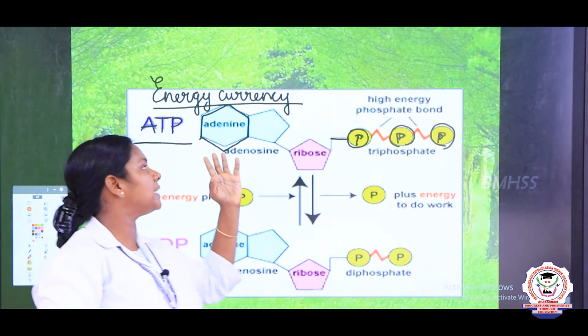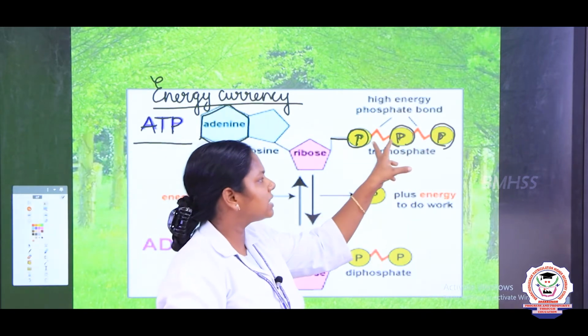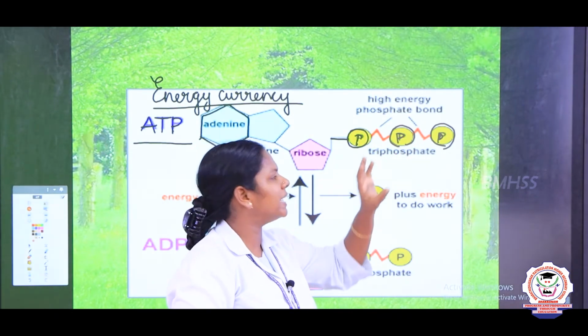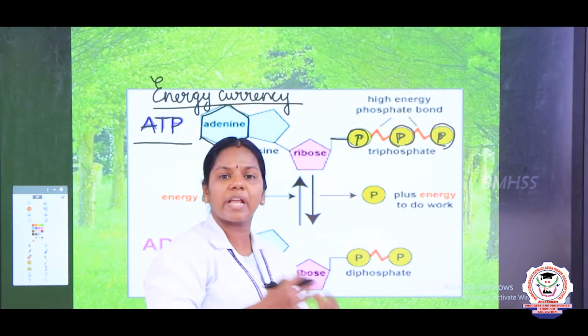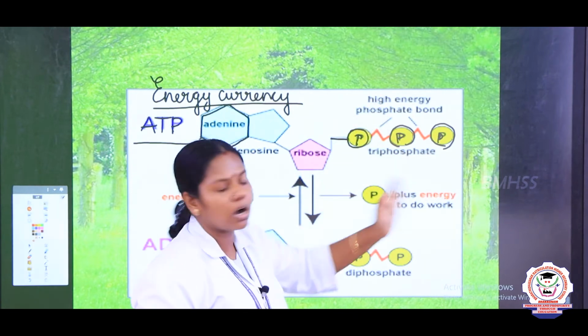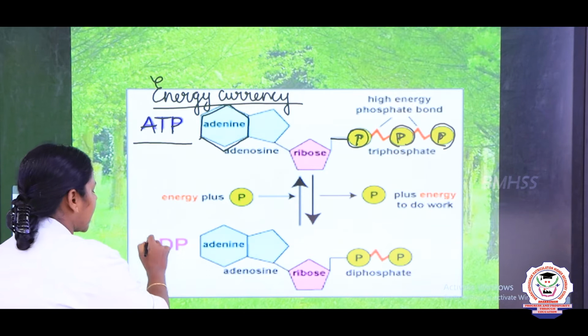But in this ATP, these 3 phosphate molecules are linked by bonds, and this last bond is a weak bond, and it often breaks down and combines with other molecules. So when one phosphate molecule is lost, ATP becomes ADP.